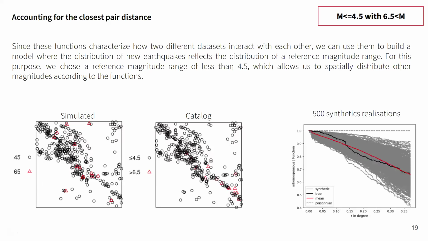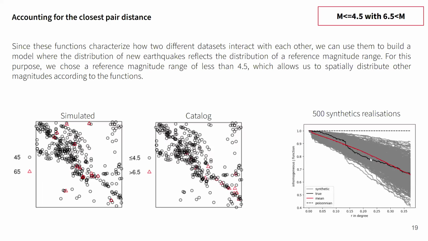It means that if we generate a lot of synthetic realizations of the catalog, so if we generate a lot of 6.5 around the 4.5 using the J function, we need to retrieve exactly the same J function that we have when we compute it for the catalog, because the catalog is still the reference. We want to model exactly the same as the catalog.